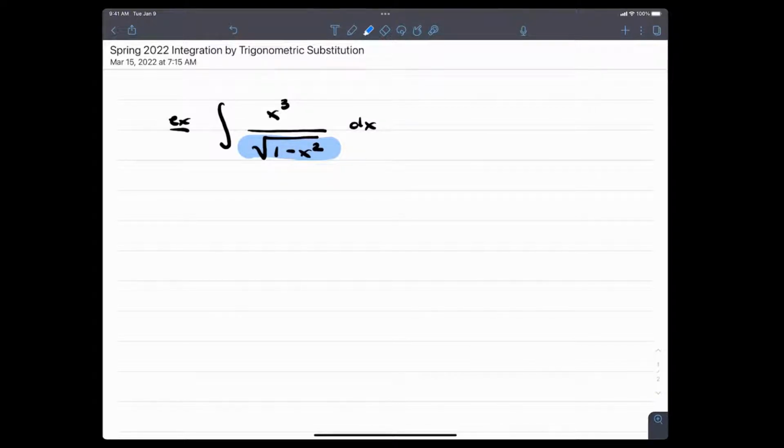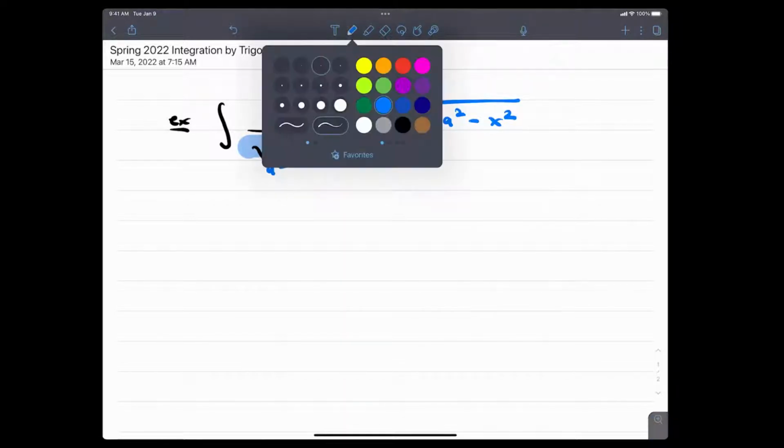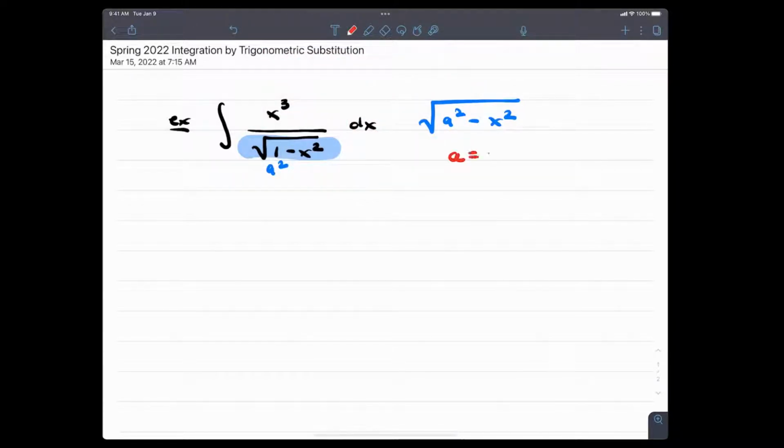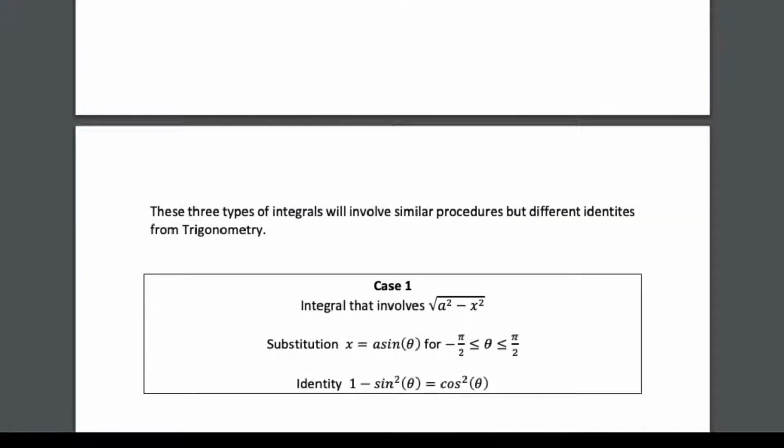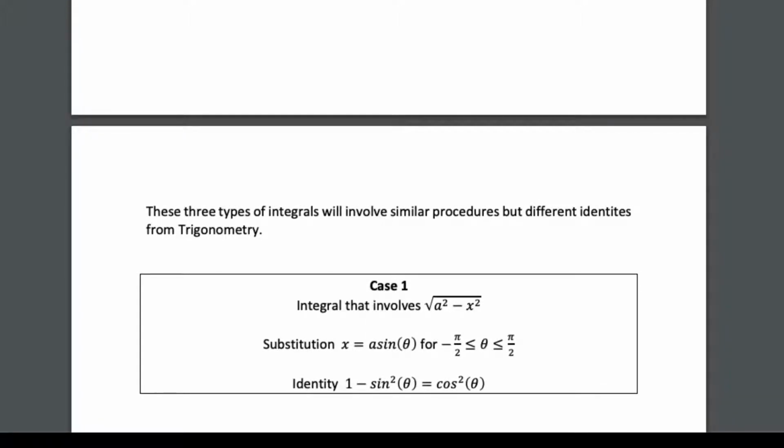It has a square root, so it's the type of a squared minus x squared. So you should see this: here's my a squared, and a is 1. So we're looking at an integral of this type. This is what we call a case 1 integral. It involves the square root of a squared minus x squared.